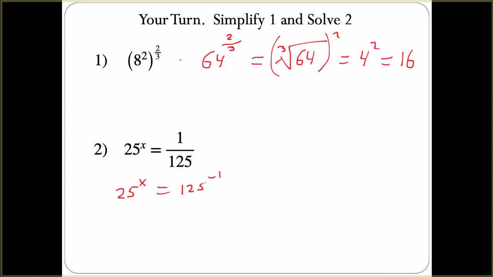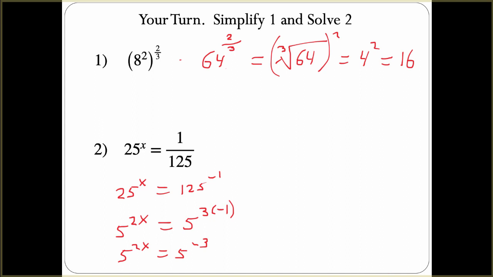So we need to get the base a little lower. So we're going to look at what multiplied by itself gets to 25, and we have 5. But then we have squared, and then we still have this x power, so 5 to the 2x. This is going to be 5 to the third, and we also have that negative 1 up here. So now we have 5 to the 2x equals 5 to the negative third.